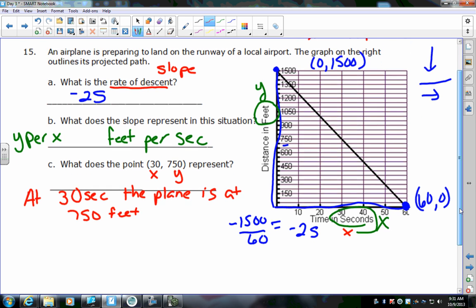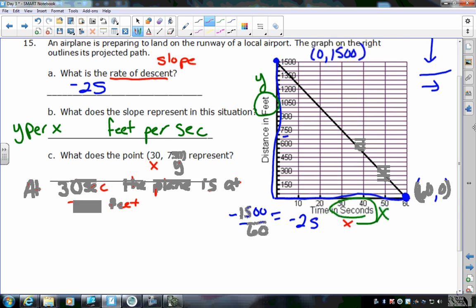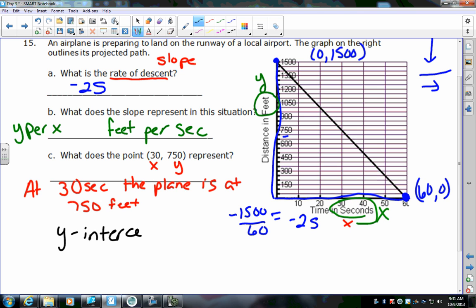Now, if I want to continue from this problem, I could also ask you, what is the y-intercept? We went up here and we found my y-intercept right here. That was 0 and 1500. Another question you will be asked on your test is, what does that represent? What does that mean in this problem?